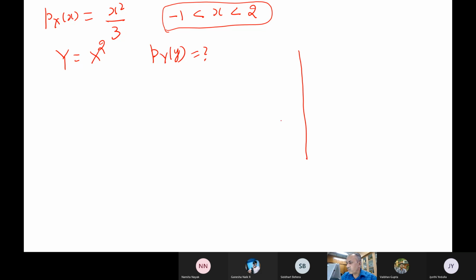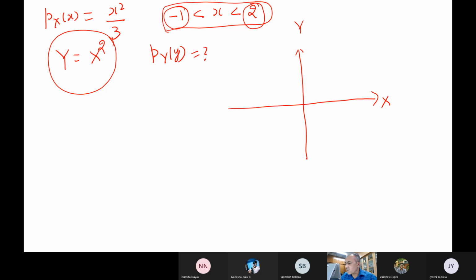If I try to plot the graph of y versus x, what is the relationship? The relation is the square, and of course x is running from minus 1 to 2. If I take this as minus 1, this as plus 1, and this as 2, y equals x square.